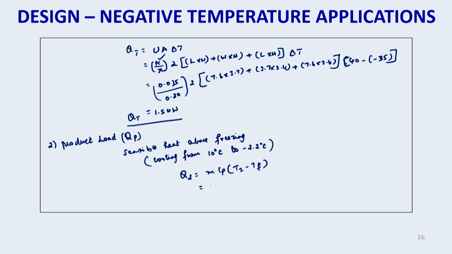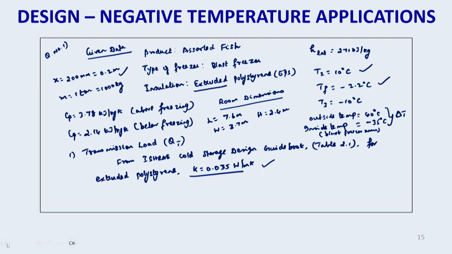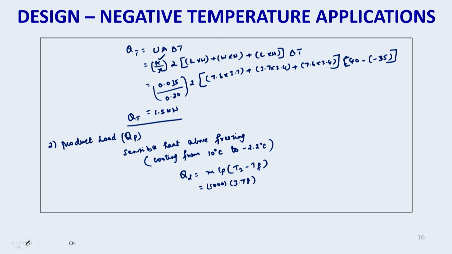So 1 ton is 1000 kg, CP above freezing is 3.78, T2 is 10, minus the freezing temperature of minus 2.2.